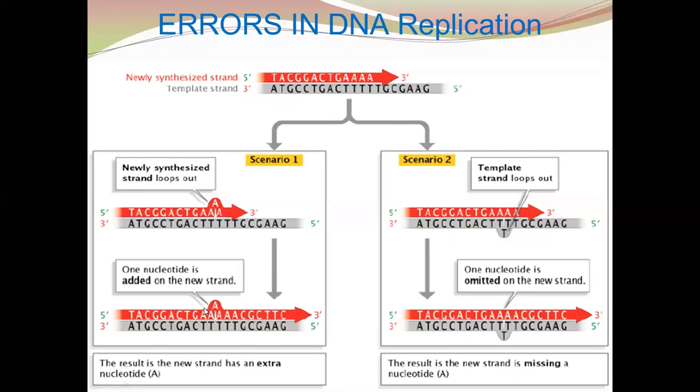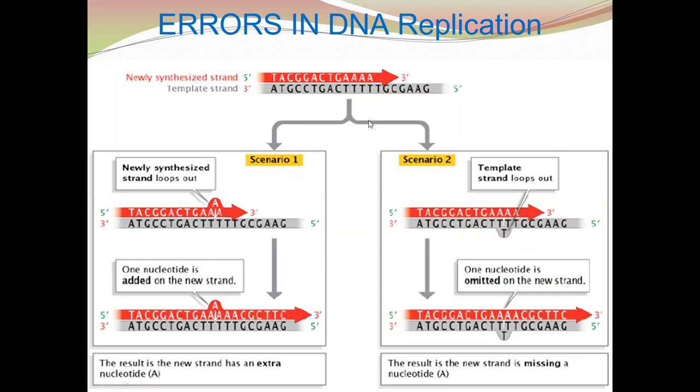The looping of one adenine nucleotide results in an extra addition of an adenine nucleotide. So the new strand has an extra nucleotide, an extra adenine nucleotide.